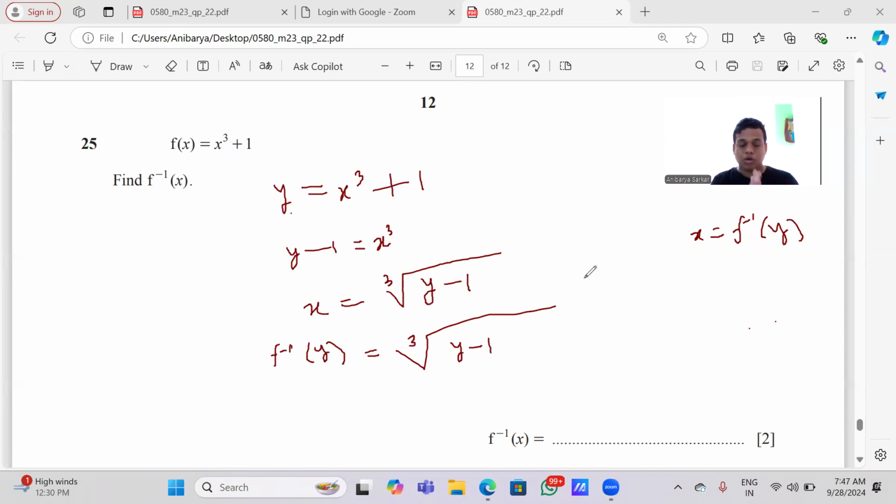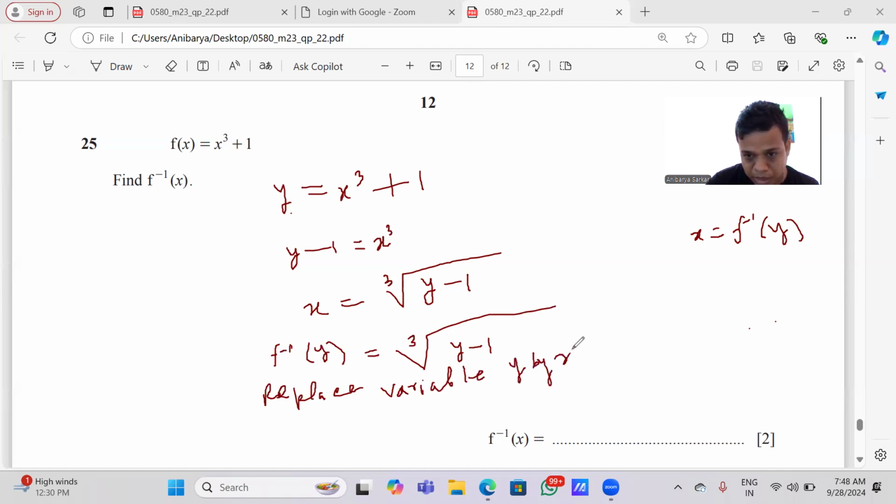Now what will we do? Because in the given question, f inverse x is given, but we got f inverse y. So we replace the variable y by x.